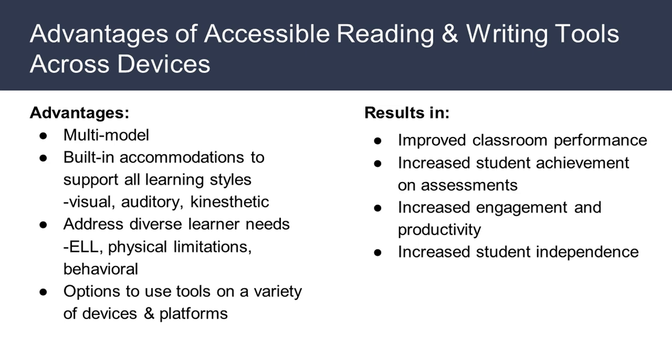And I worked really closely with Don Johnston, and Dave was one of them I talked to on a frequent basis. Here's what we need, Dave, and I'm happy to report there's a way to make that work now. And it just results in all these things: improved classroom performance, student achievement on assessments, which we'll talk about again later, increased engagement and productivity, and then increasing their independence. They're not going to be dependent on that paraeducator sitting next to them, having them dictate their thoughts to somebody else. They can actually type them themselves.